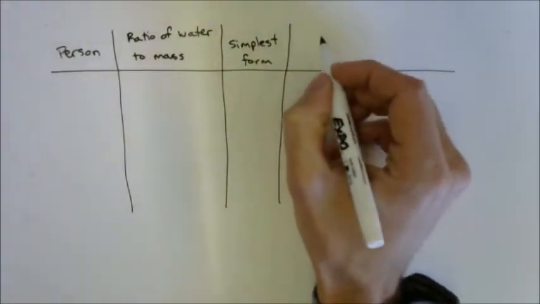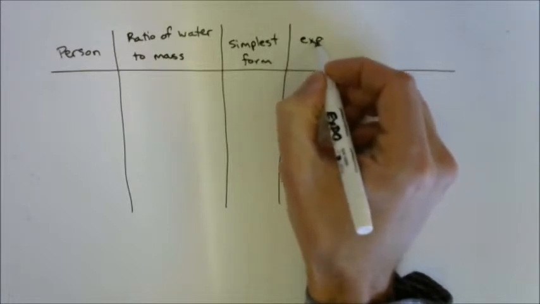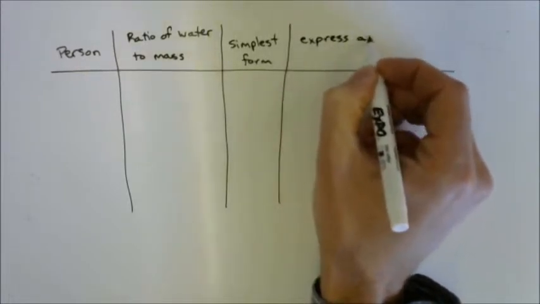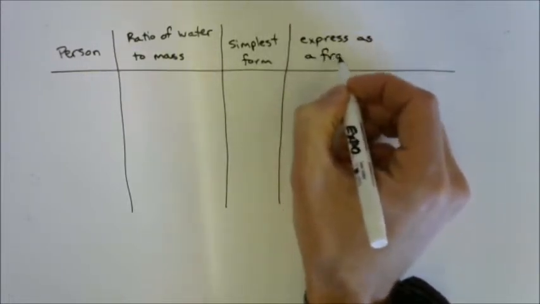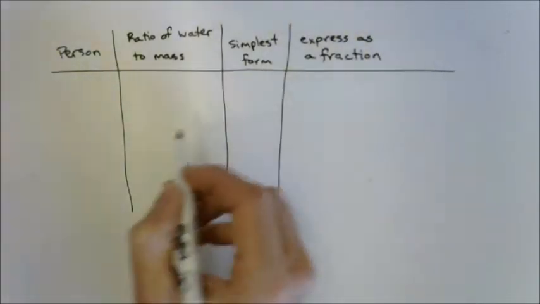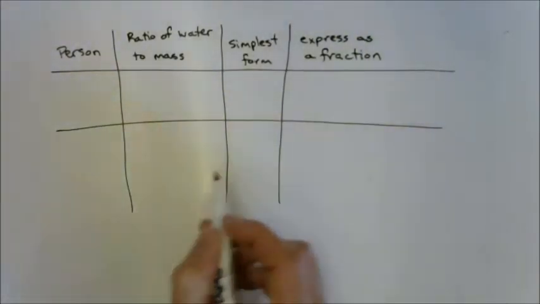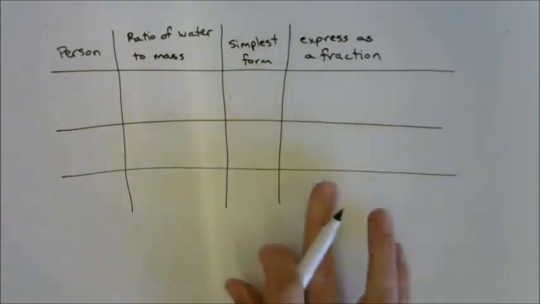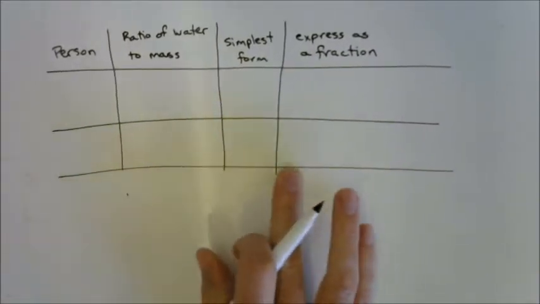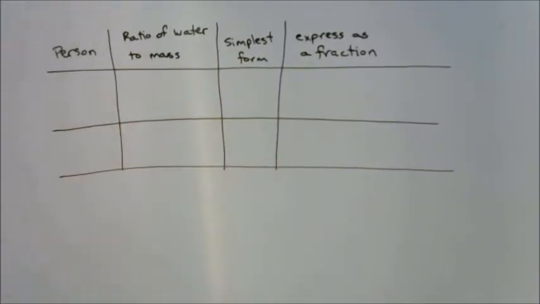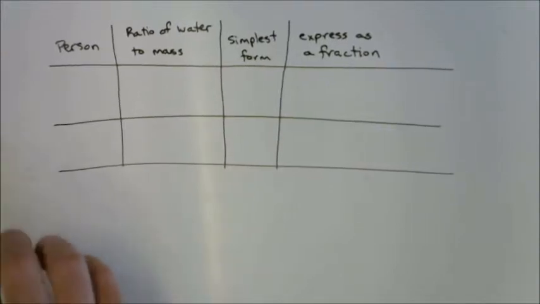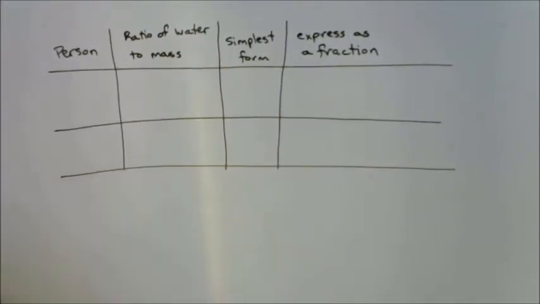Then we're going to express it as a fraction. Now once we've expressed it as a fraction, we can then use it really easily as a factor in finding out the problem that we want to find out, which is the mass of water in a 60 kilogram man and a 60 kilogram woman.